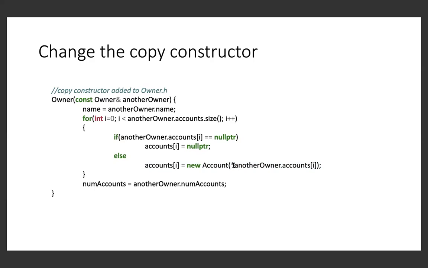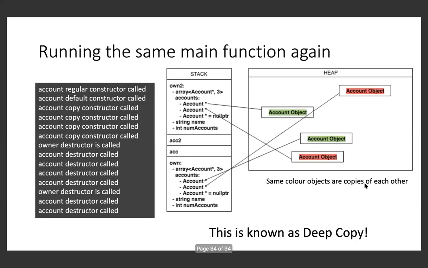We're basically going to the address that is being pointed to by this pointer right here, getting that object and making a copy of it on the heap by using the new keyword, and then storing the new address of this new account object into our account array. Let's look at the memory and see what it means.